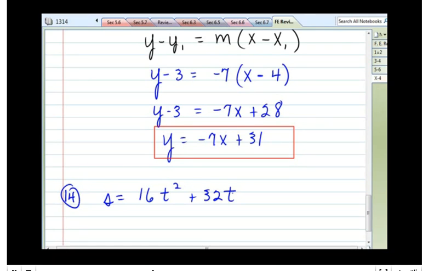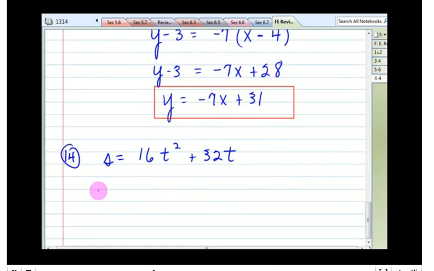What does it look like? It's a parabola. And if you put that in your calculator, this is the way you're going to solve this problem. You're going to go to y1 and put 16t squared plus 32t. And in y2, because it's falling, and it's going to get to a horizontal place at 102, we'll put 102.